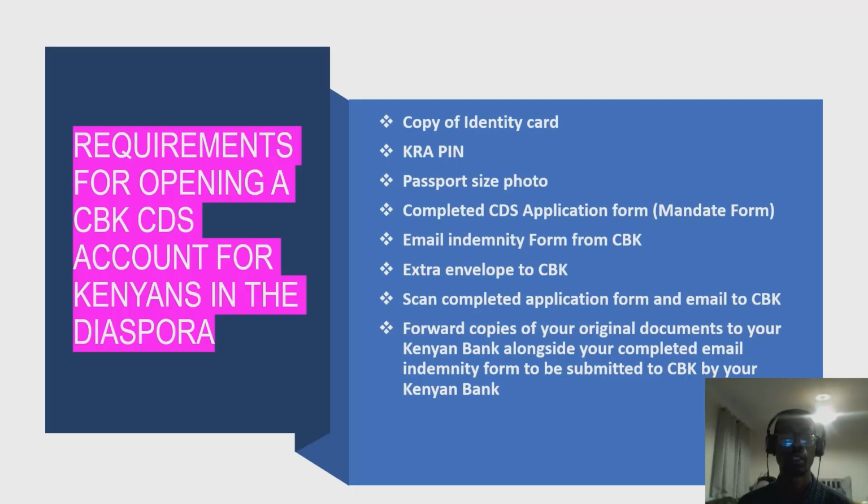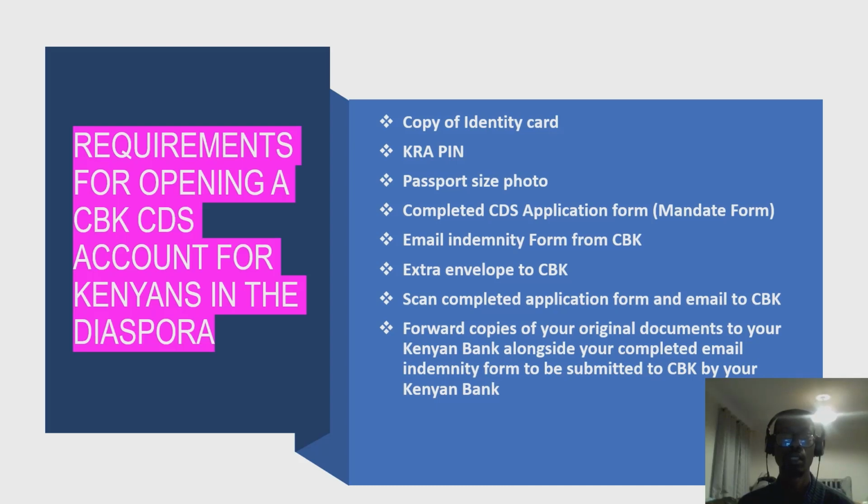So before you open a Central Bank of Kenya CDS account from the diaspora, you will need the following. As a Kenyan living in the diaspora, you'll need the following documents: a copy of your identity card, your KRA PIN, a passport size photo, a completed CDS application form, otherwise known as the mandate form, an email indemnity form from Central Bank of Kenya, and an extra envelope to the Central Bank of Kenya.